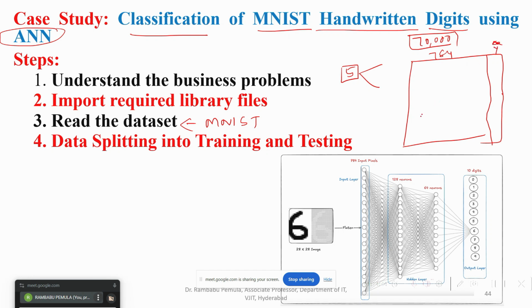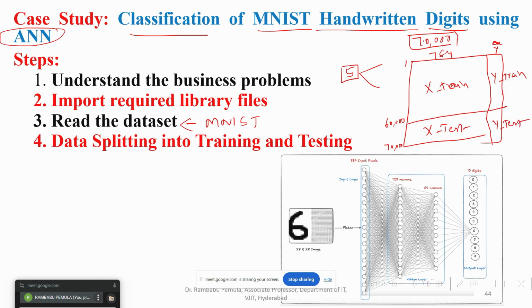Out of 70,000 images, we are dividing: for the model, we give 60,000 images for training purposes, and the remaining 10,000 for testing purposes. This is called x_train and y_train, and this is called x_test and y_test.